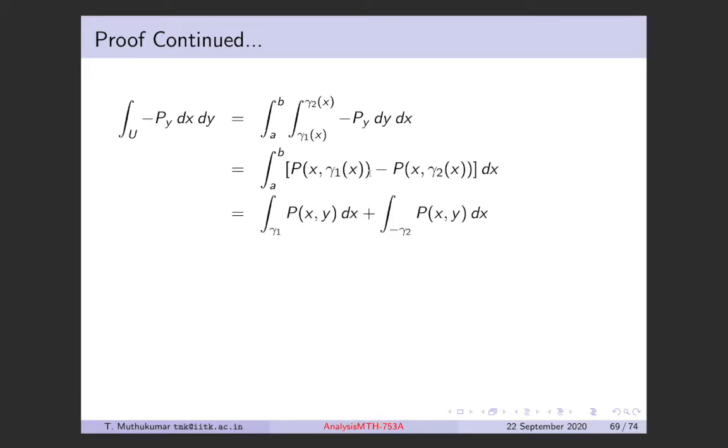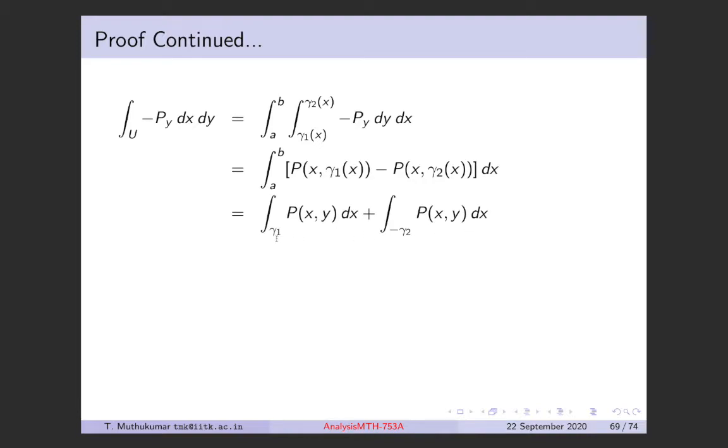Now this first integral over A, P of x gamma 1 dx, is nothing but the integral over the path gamma 1, right? Because y is now running over gamma 1. Similarly, this is the integral of P over the path minus gamma 2.